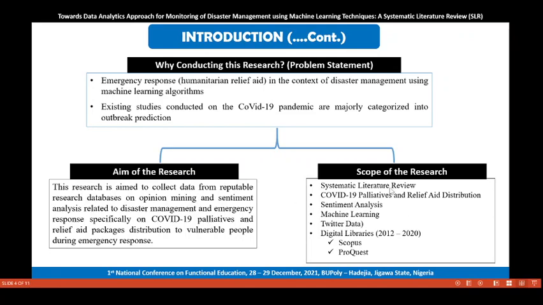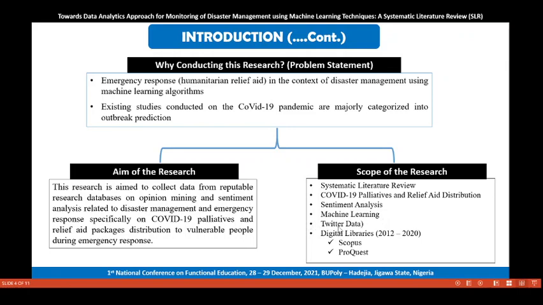And what is the scope area? The scope of this research is a systematic literature review, because from the title you can see that it's a systematic literature review, and it's going to cover COVID-19 palliatives and relief aid distribution, sentiment analysis, and machine learning algorithms.